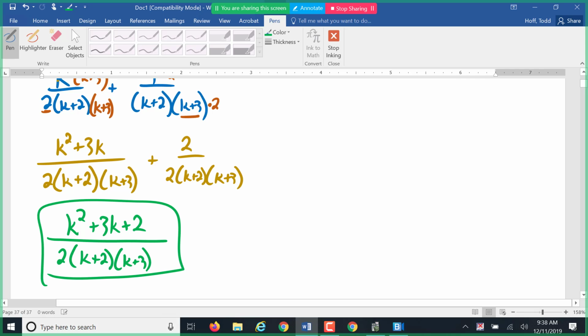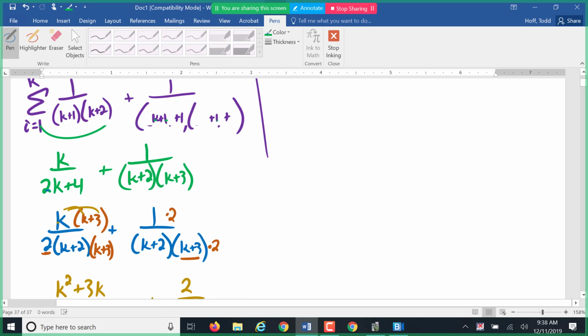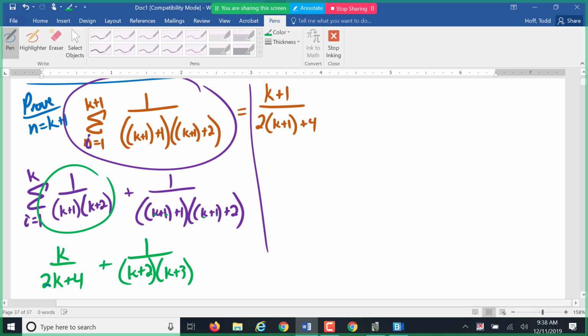Let's look now at the right side and see what happens when we simplify that. Hopefully we get the same thing. So we've got k plus 1 here over, let's distribute the 2. So 2 times k is 2k, 2 times 1 is 2, plus a 4 down there.